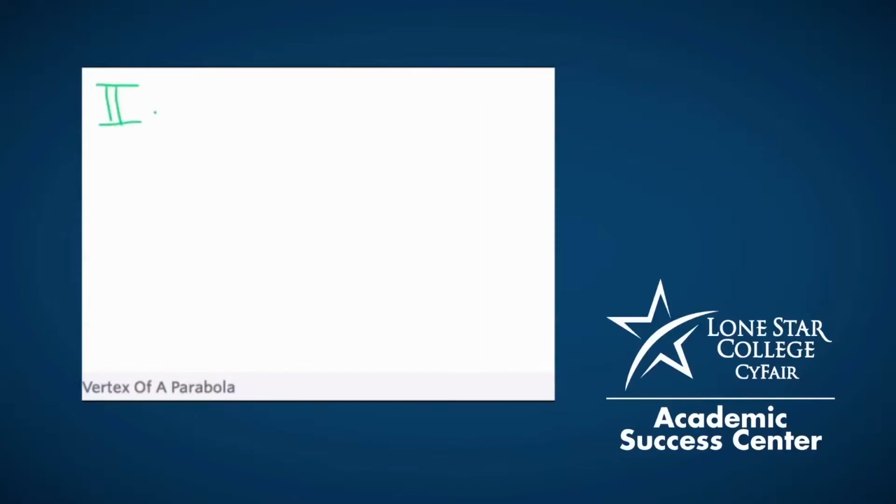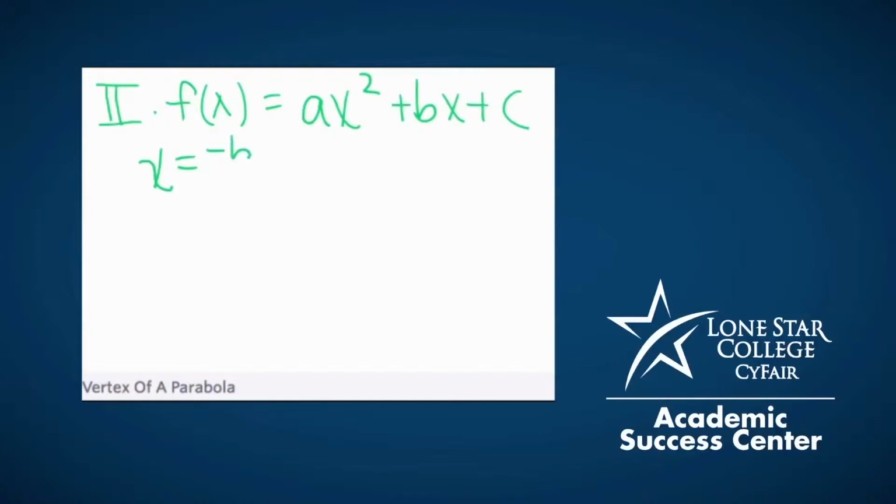Our second demonstration is whenever your parabola is in the form of a quadratic equation, meaning ax squared plus bx plus c. In this case, we will use a shortcut, and that is that x value of your vertex will be a negative b over 2a. This is the x value of your vertex.